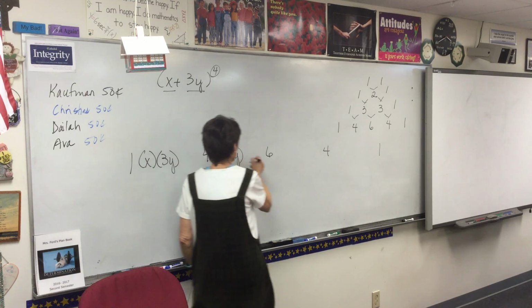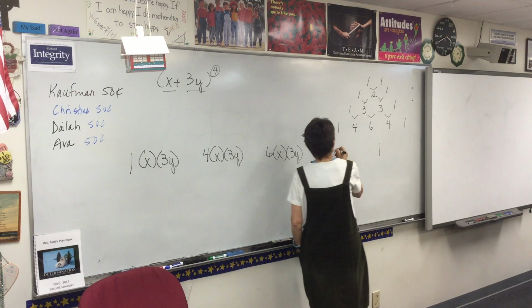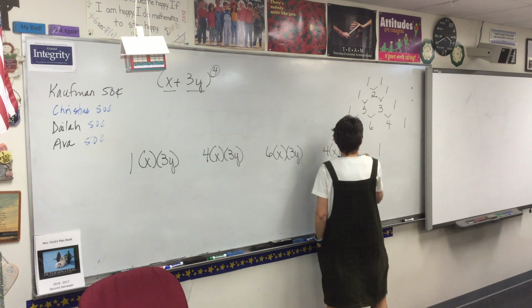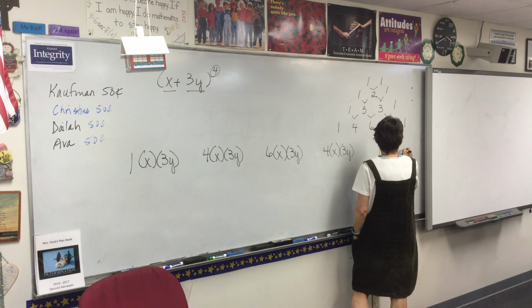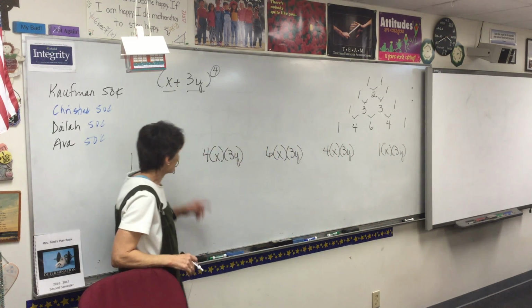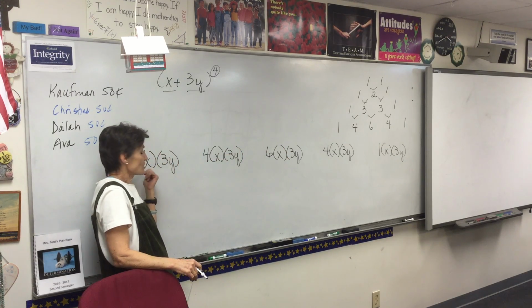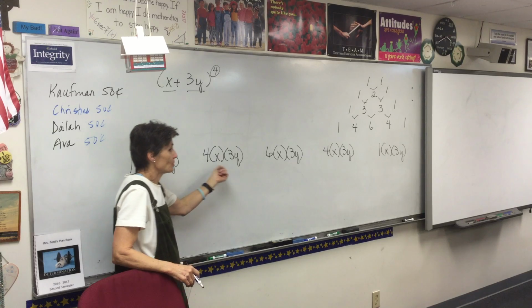We're not going to be lazy. We're going to write down each piece in parentheses. So every one of those coefficients, the 1, 4, 6, 4, 1, every one of those is going to have an x and a 3y next to it.